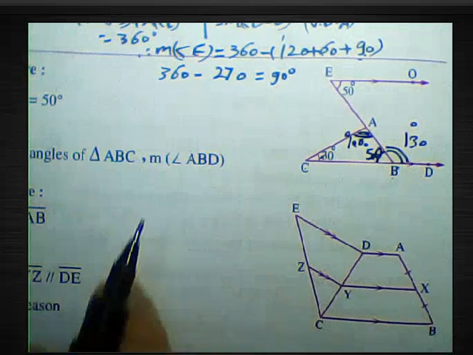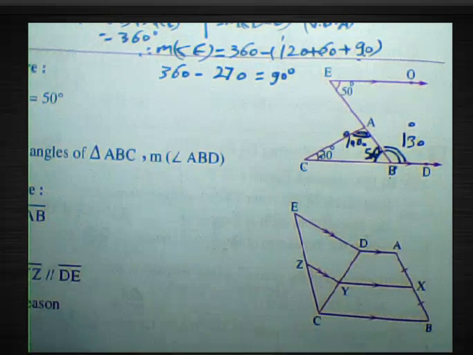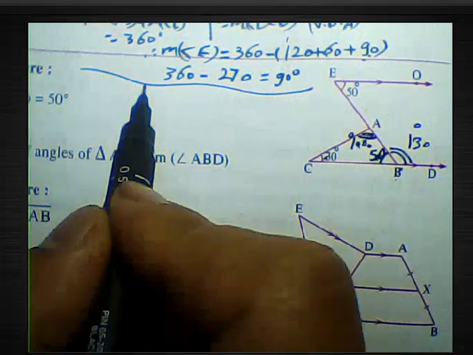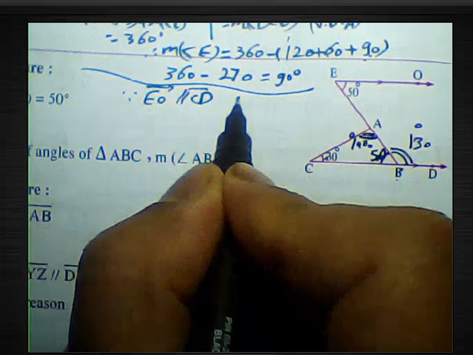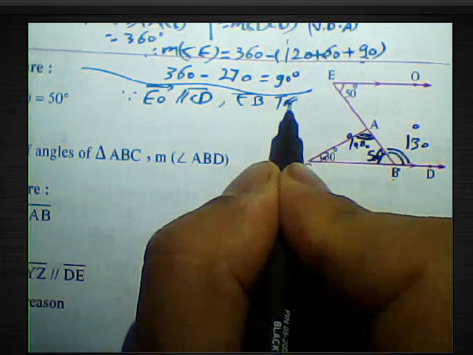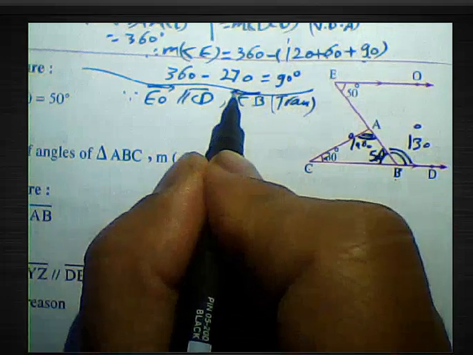Okay, you can write the method of proof for this example. Such that EO is parallel to CD and EB is a transversal cutting them. Then the measure of angle B equals the measure of angle E, which equals 50 degrees, alternate angles.